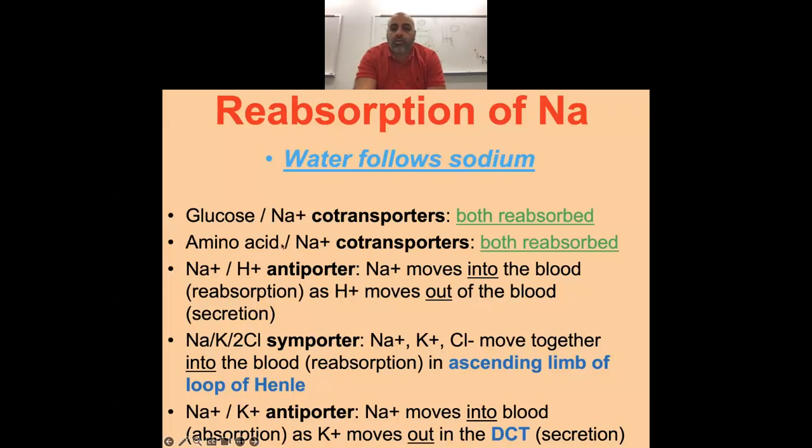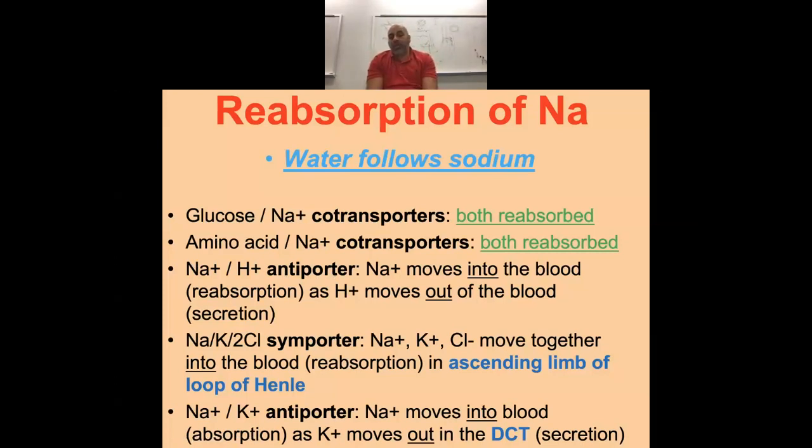Okay? So glucose and sodium are co-transporters. They're both being reabsorbed. That means glucose and sodium are symporters. Amino acid, sodium, symporters. They're co-transporters, they're symporters. They're both being reabsorbed. Sodium and hydrogen, antiporters.